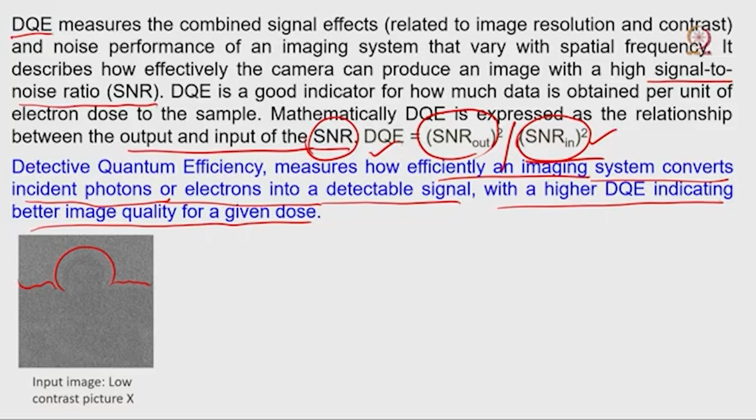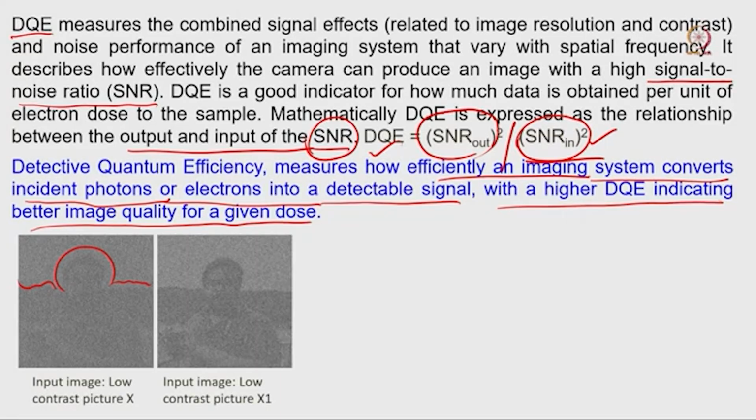But if we gradually increase the readout signal, SNR out is much higher, so DQE will be much higher. Now you can see it is much more prominent. It looks like some kind of architecture, and something else is also going on there, but it is still not clear.